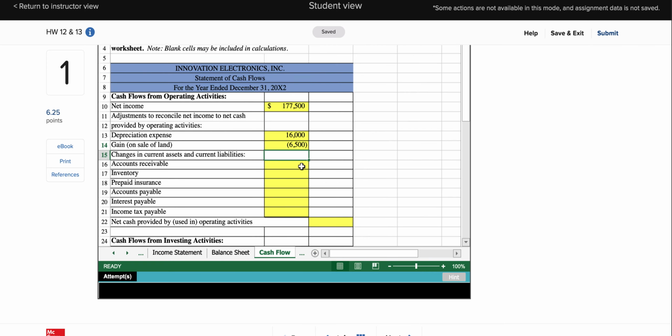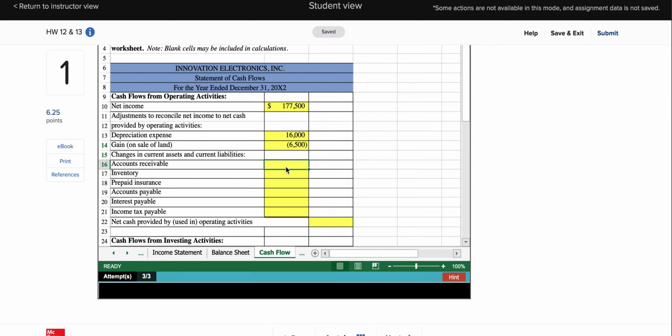So all you're doing differently from questions 3, 4, and 5 is having to touch these tabs first and go back and do the calculations based on what you find here. For this one, I've made all of these direct adds or subtracts from the income statement for non-cash items.